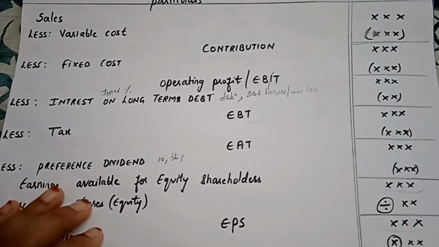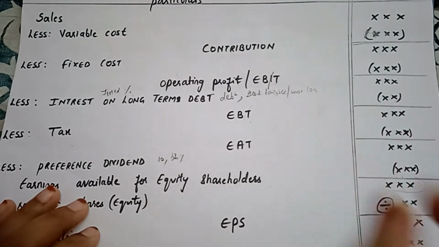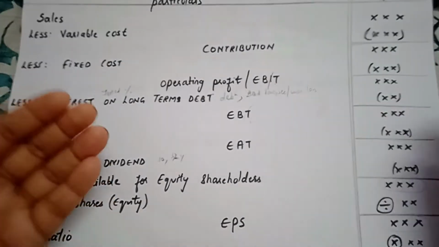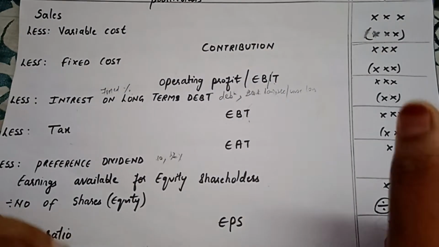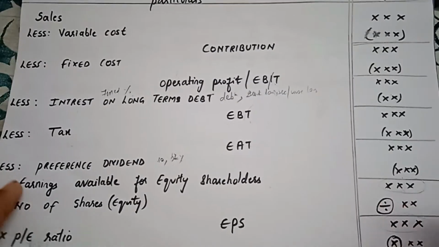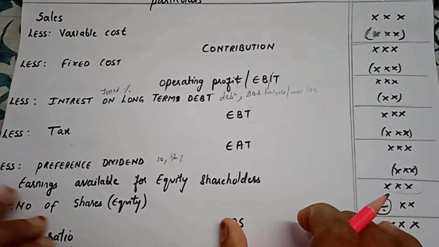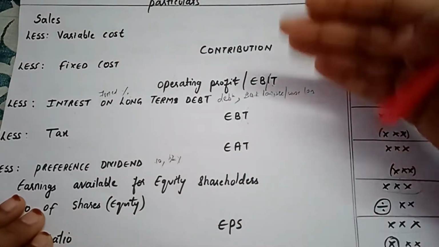Now if I have one share in this company, my earning per share will be this much. If I have 10 equity shares, then I'll have 10 times that amount. Okay, so that is the earning per share which is available with me. On the basis of this, we started from where?